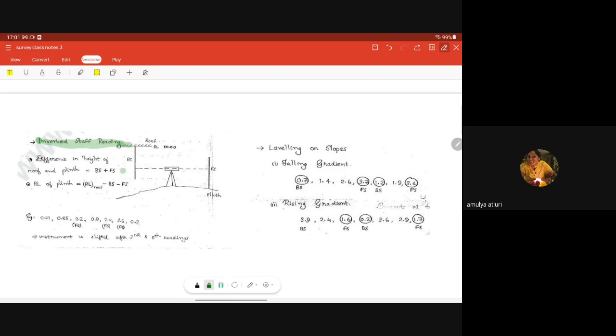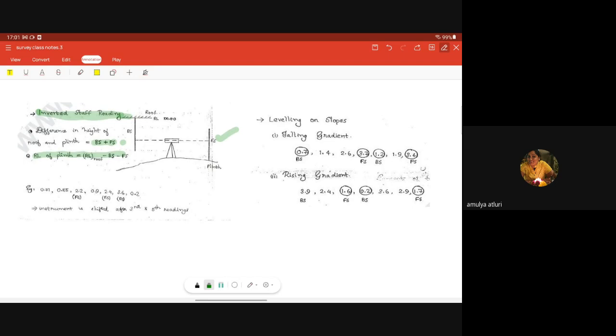If we look front, the unknown elevation is foresight. So the difference in the height of roof and pitch is BS plus FS, right? So what is the reduced level of pitch? RL of pitch is equal to RL of roof minus BS minus FS.